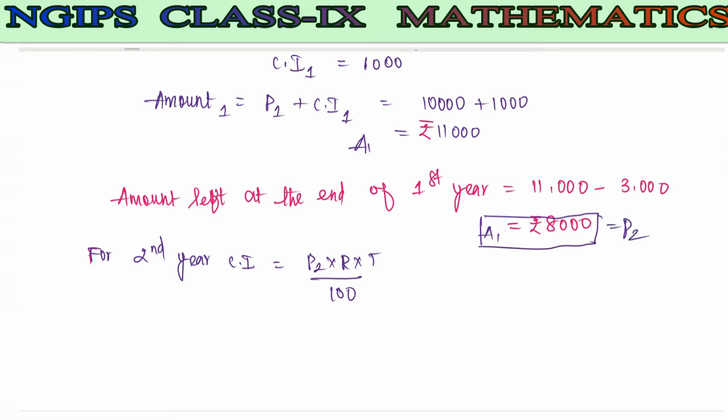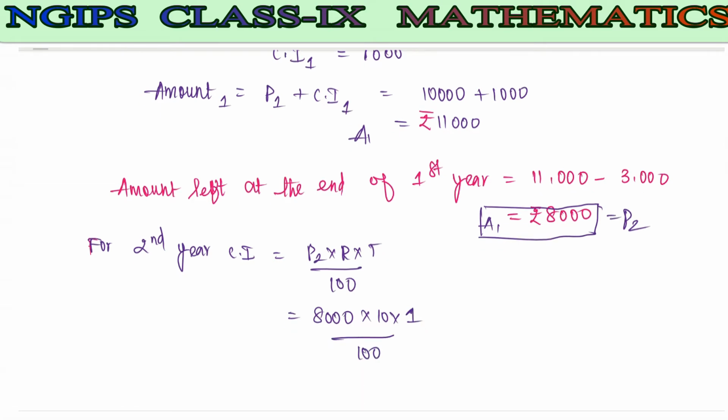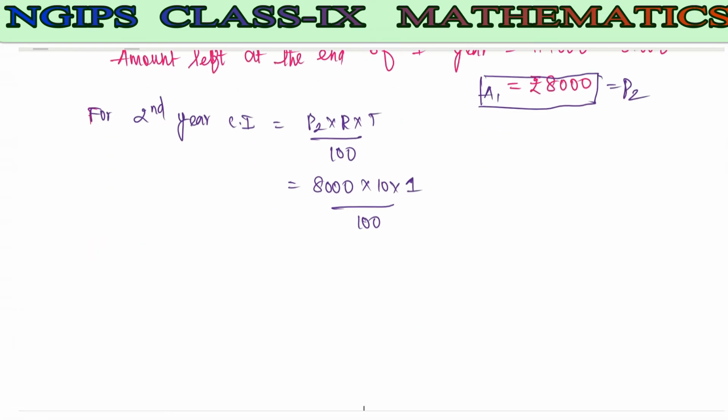So I can write here 8,000 into 10% interest, time period 1, divided by 100. If you simplify here, two zeros get cancelled. So the leftover here is 80 into 10, which is 800. So this is the second year compound interest.